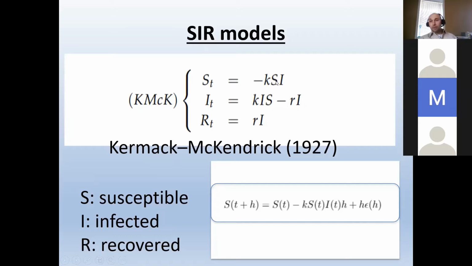The more susceptible and the more infected there are, the more new infections you will get, right? And you can add a coefficient. So there is a coefficient, right? So people move from the compartment of susceptible to the compartment of infected with a rate of k times S I, right?